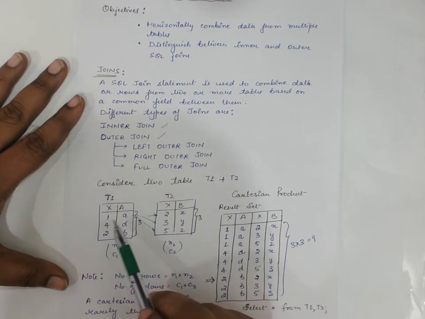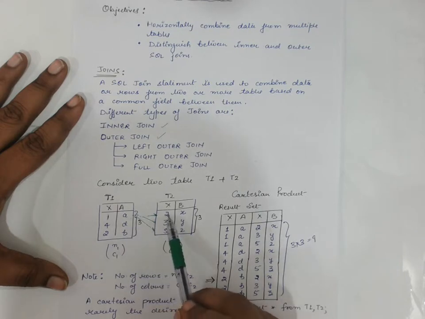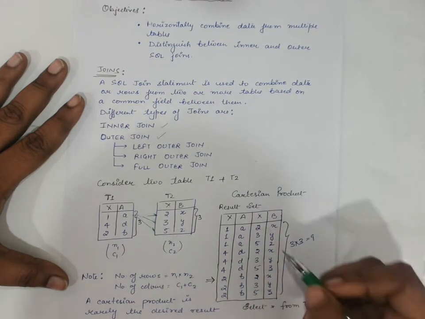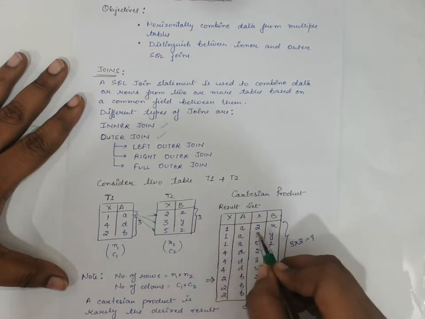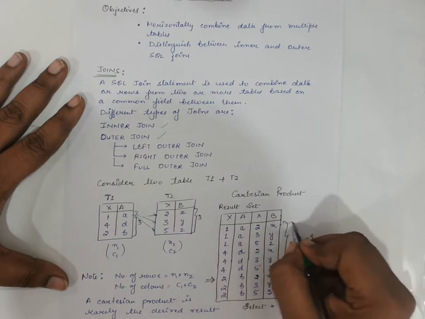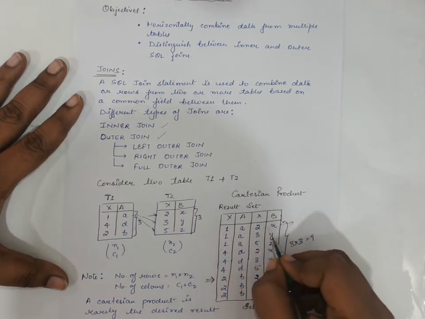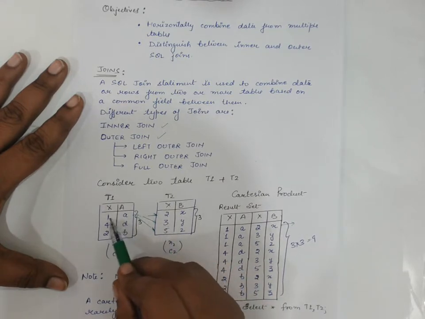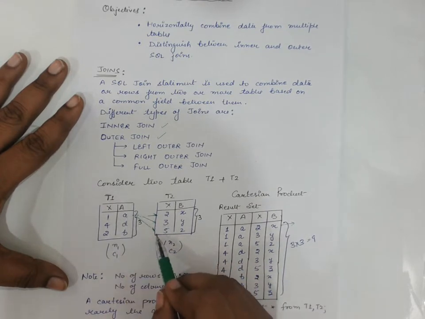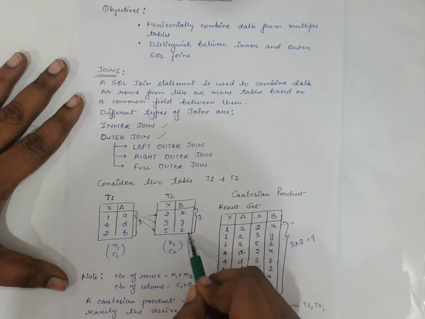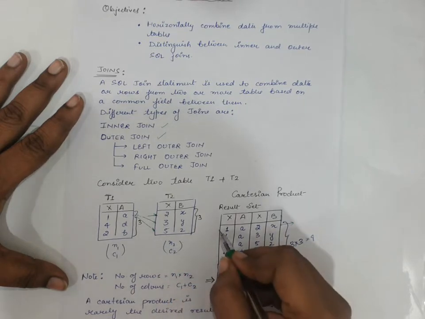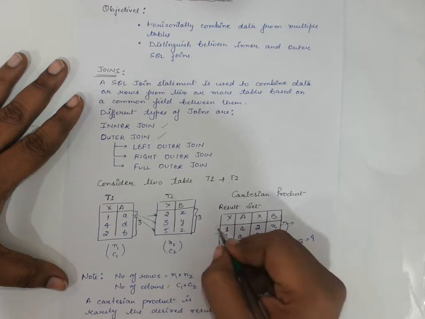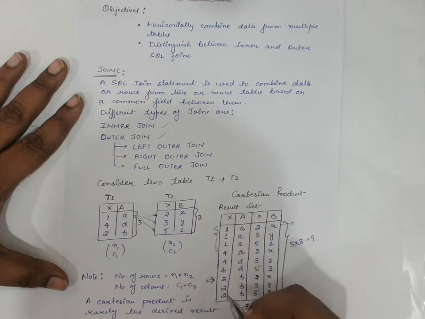So tuple 1a will be mapped to 2, 3, 5. We'll get the values 1a 2x, 1a 3y, and similarly mapping tuple 1 with the nth tuple of table 2, we get these three combinations as output in the Cartesian.